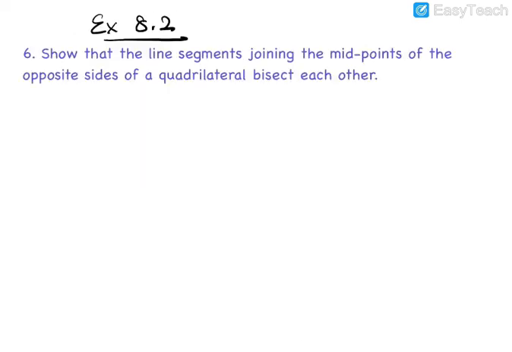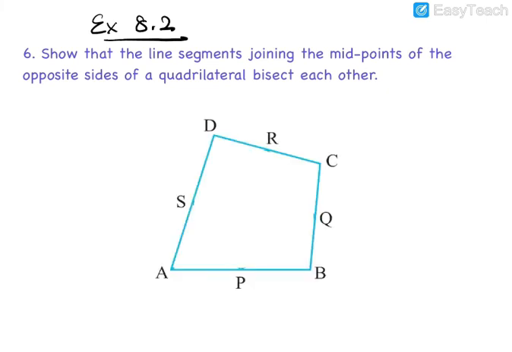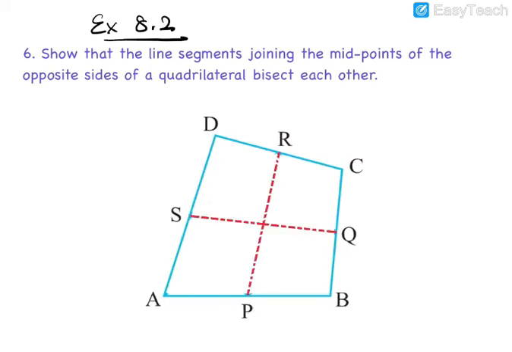Now question number 6 of this exercise will have exactly the same answer as the first one. Let's see how. Show that the line segments joining the midpoints of the opposite sides of a quadrilateral bisect each other. So we have a quadrilateral ABCD in which joining the midpoints of opposite sides we get line segments PR and SQ.